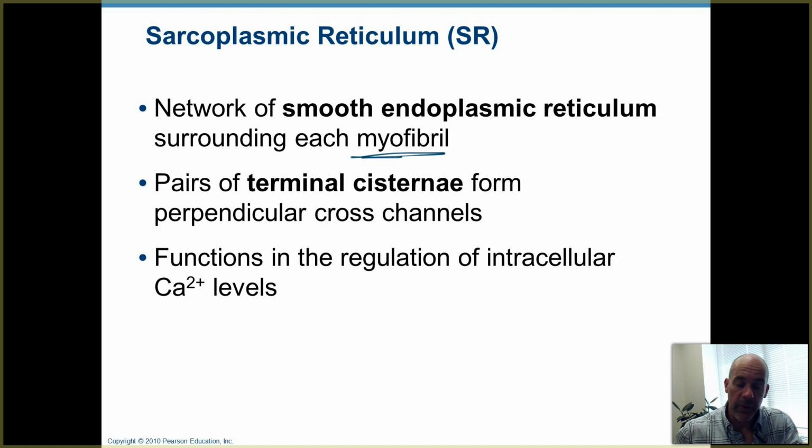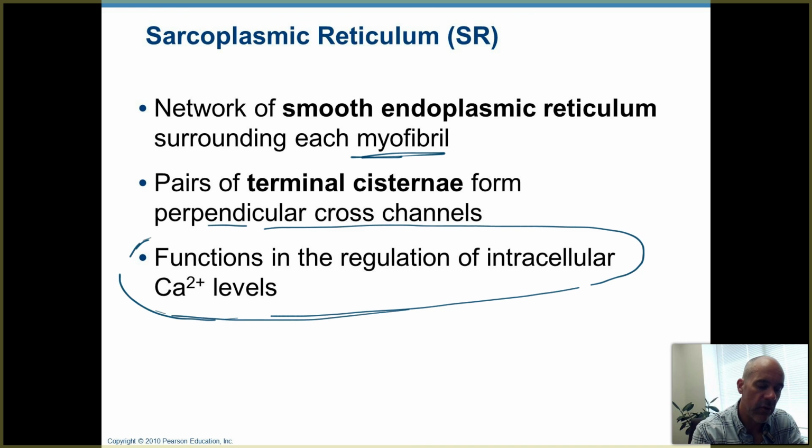And then you've got the terminal cisternae, those portions of the SR that are adjacent to those T tubules. As we're going to see, their main function is controlling calcium ion levels intracellularly, inside the cytosol, the fluid inside those muscle fibers, which winds up being extremely important for muscle contraction.